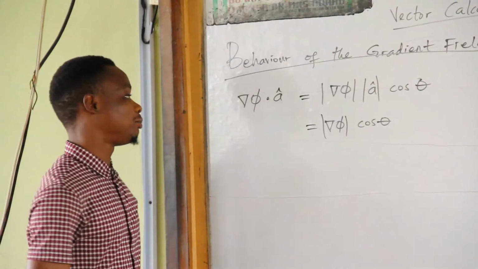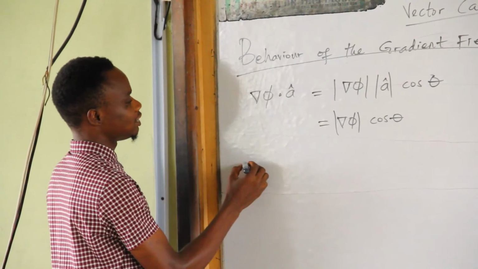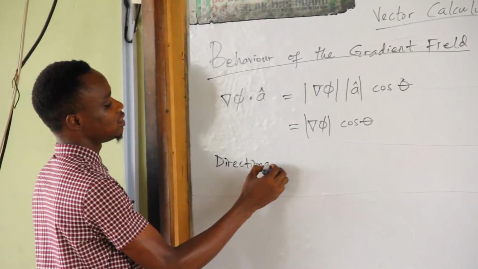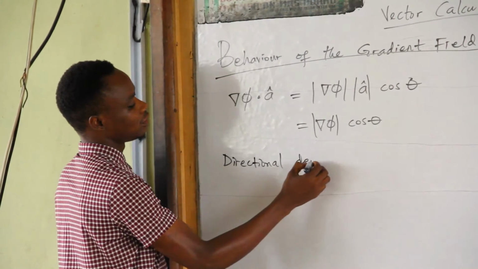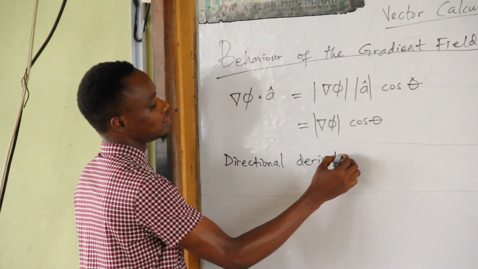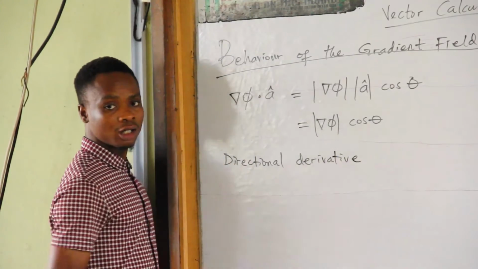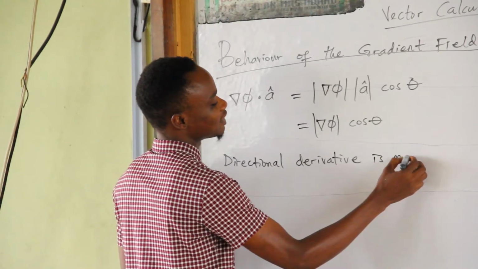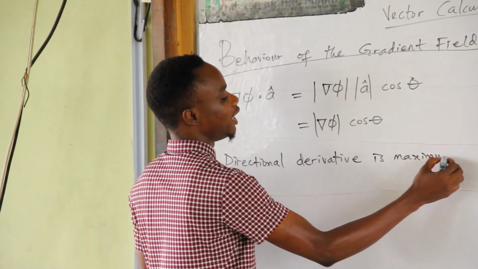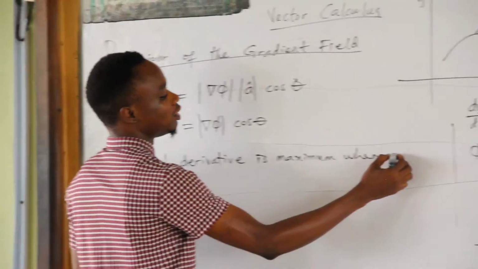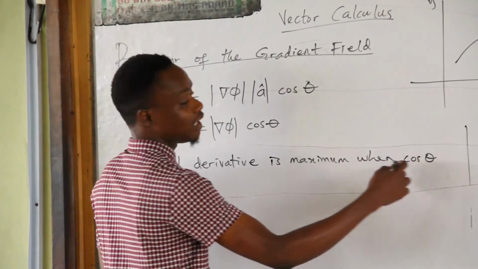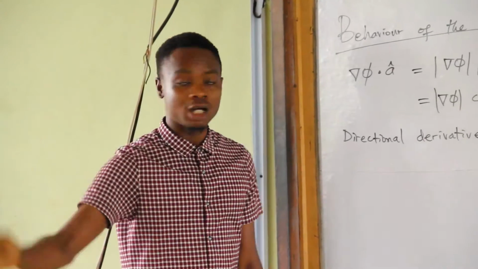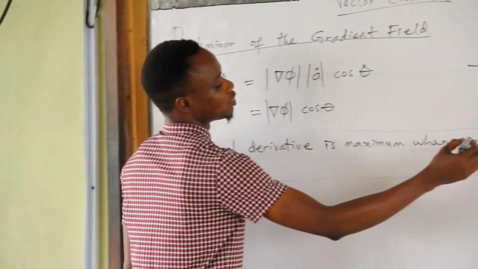And when will cos theta be 1? We say that the directional derivative is maximum when this is 1. When will cos theta be equal to 1? It is maximum when cos theta, that's the cosine of the angle between nabla phi and the particular direction, is 1.